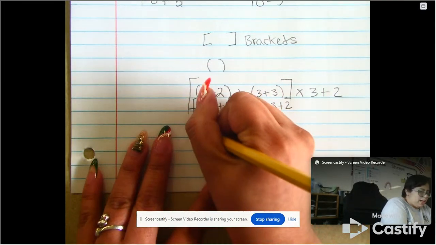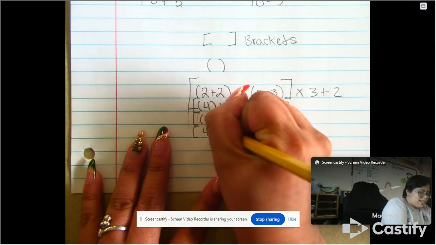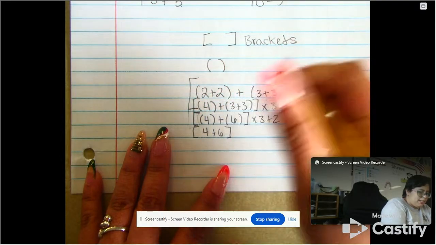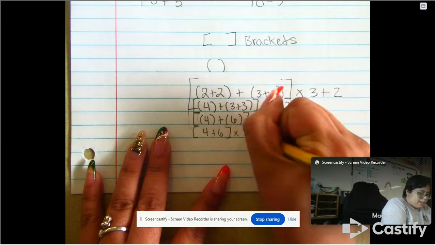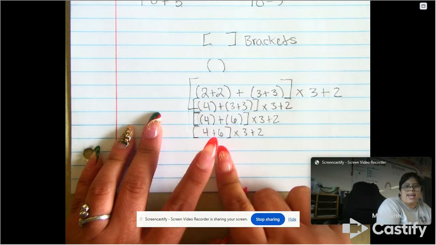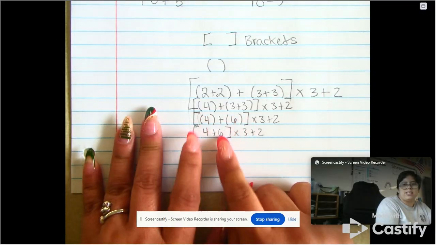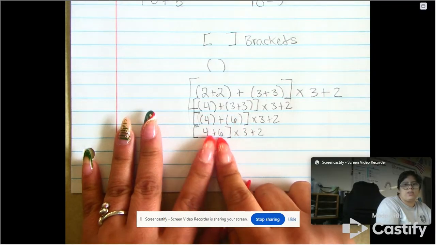So what it would look like is a bracket and then 4 plus 6, bracket, times 3 plus 2. And I still have to do what's inside these brackets, saying, hey, you solved these things with these parentheses, but you still need to finish off what's in here.